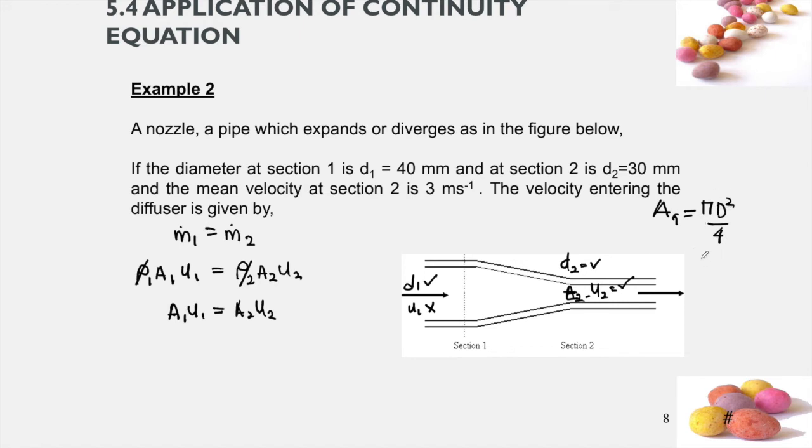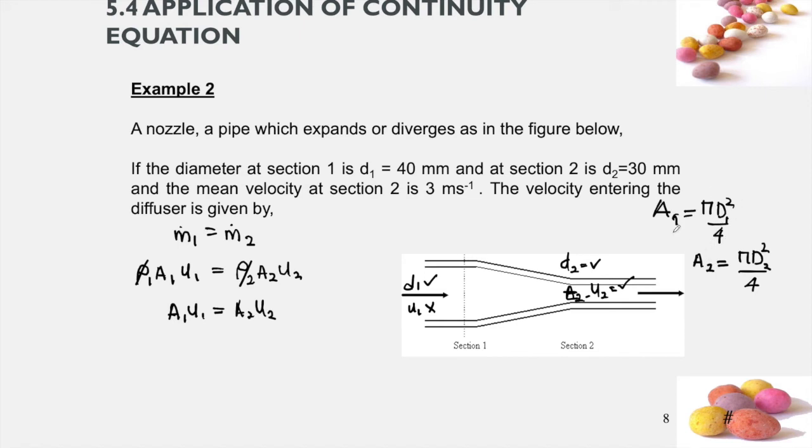Area 2 also uses pi d squared over 4. We have to differentiate between area 1 and area 2, so I put d1 and d2. From that equation, we substitute into this equation. You may calculate this value separately, or you can substitute directly.